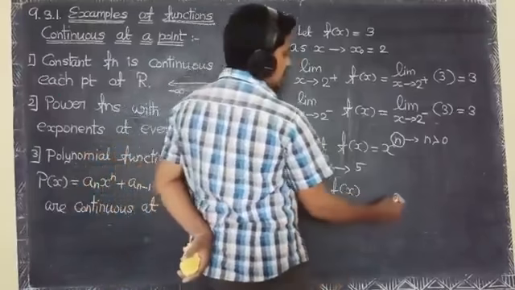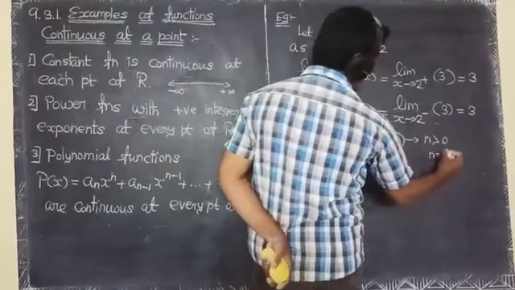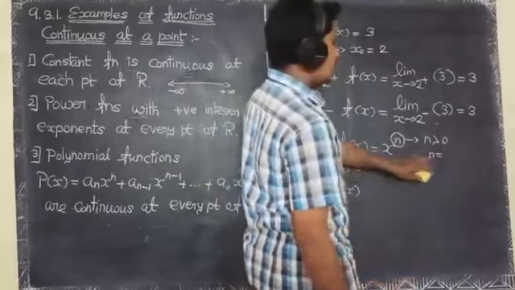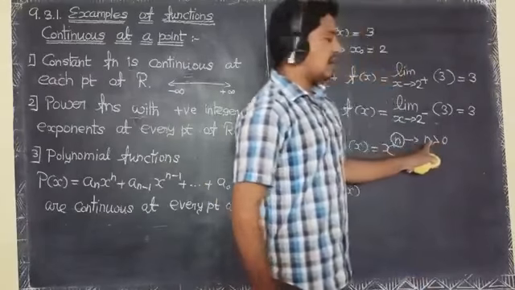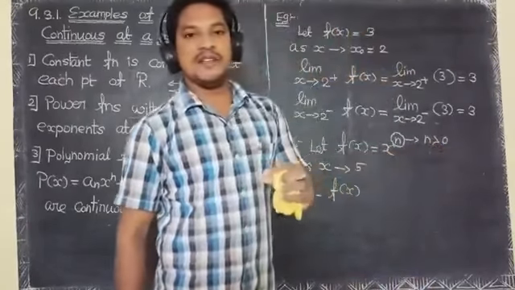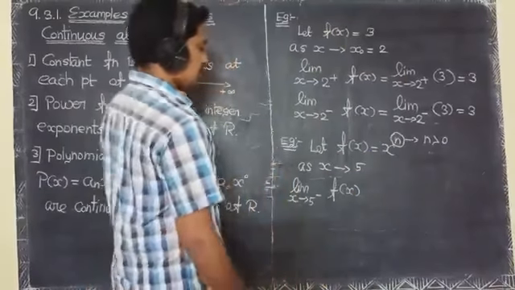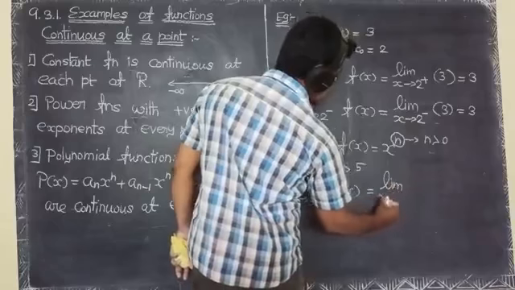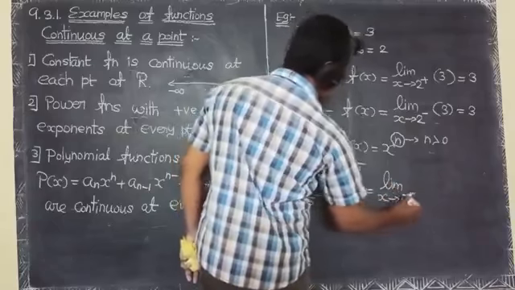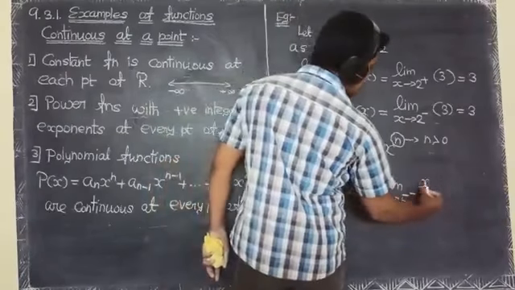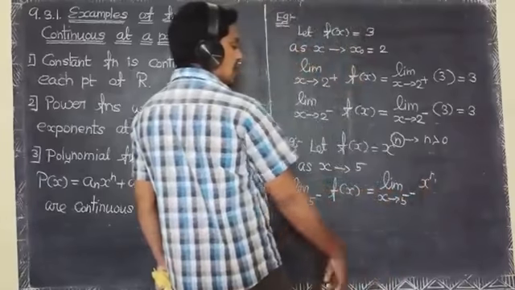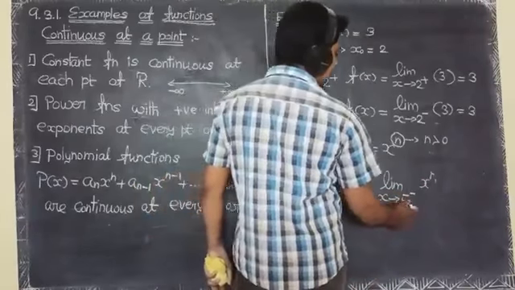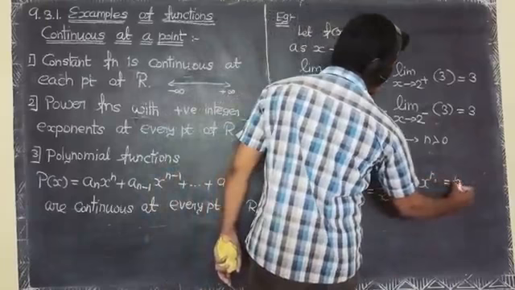Here n can be 1 or any value, but n must be greater than 0, that means we take only positive integers. The limit as x approaches 5 minus of x power n is, replacing x with 5, 5 power n.